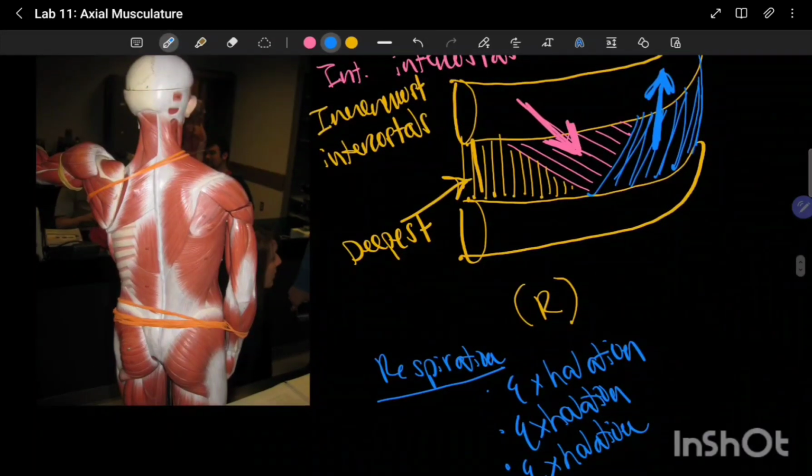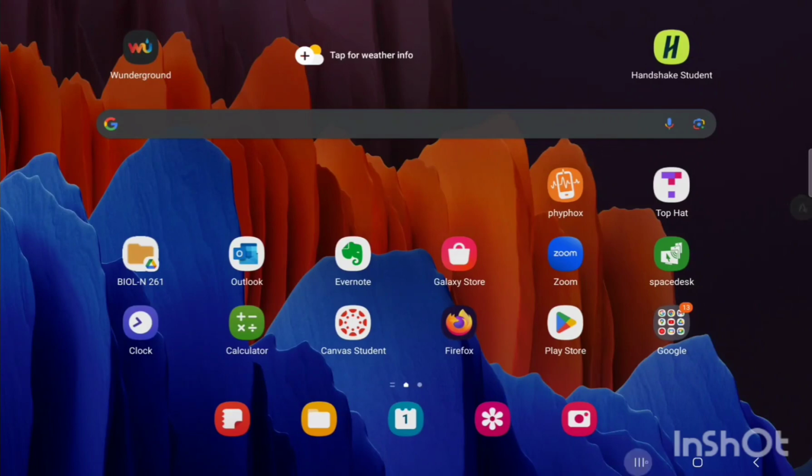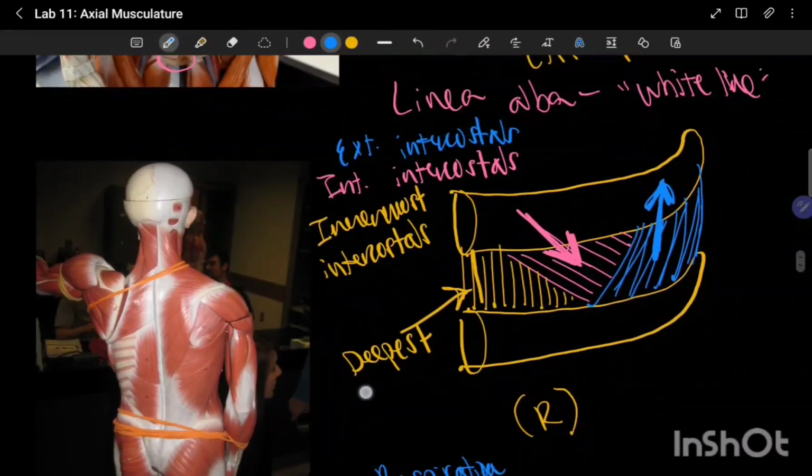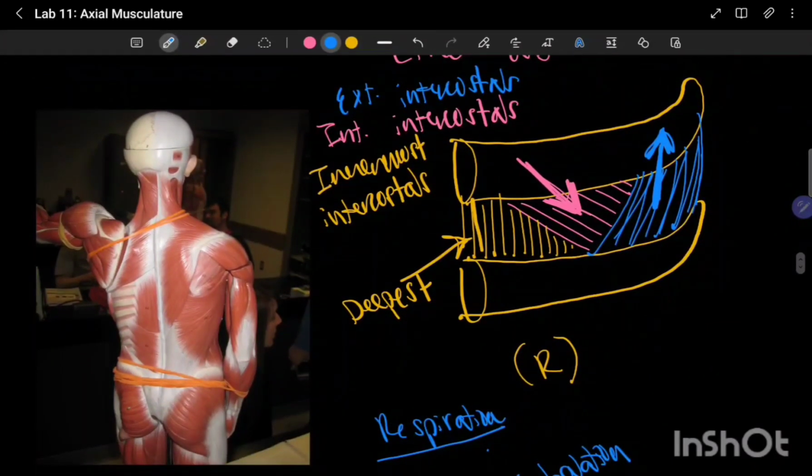I think I got my terms mixed up here. So, come back. So this guy, external intercostals, I mixed up my X's here. External intercostals, if we think about the way that the ribs are going to be contracting, the lower rib is going to be pulled towards the upper rib. So what's happening is it's going to elevate the ribs. Think about when we inhale, our chest expands.